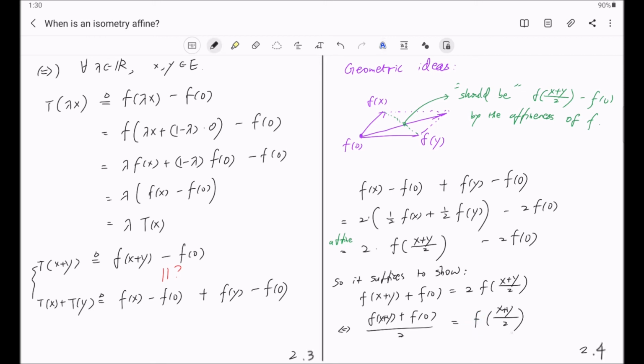And if you don't see it, this right hand side is equal to f of 1/2 times (x plus y) plus 1/2 times 0. So the establishment of this equality will be nothing but the affinity of f applied to the points 0 and x plus y. So we are done.